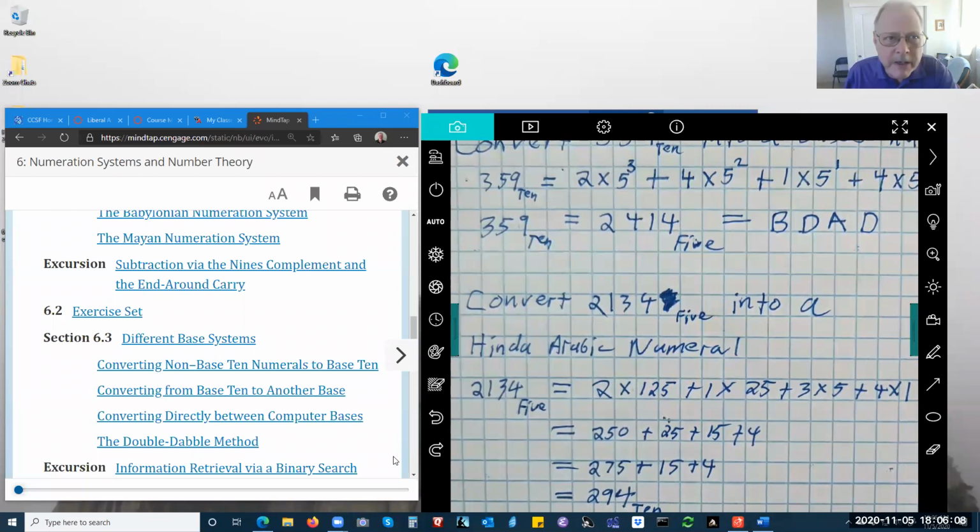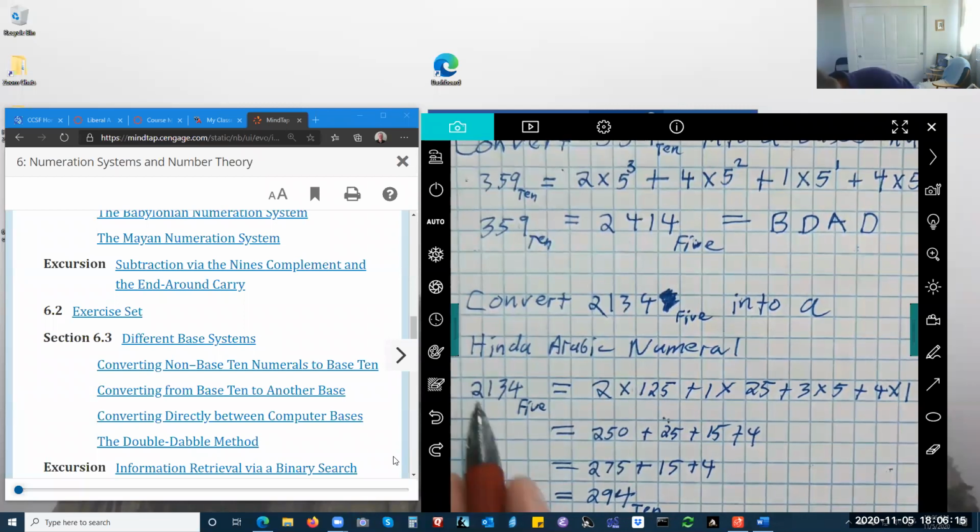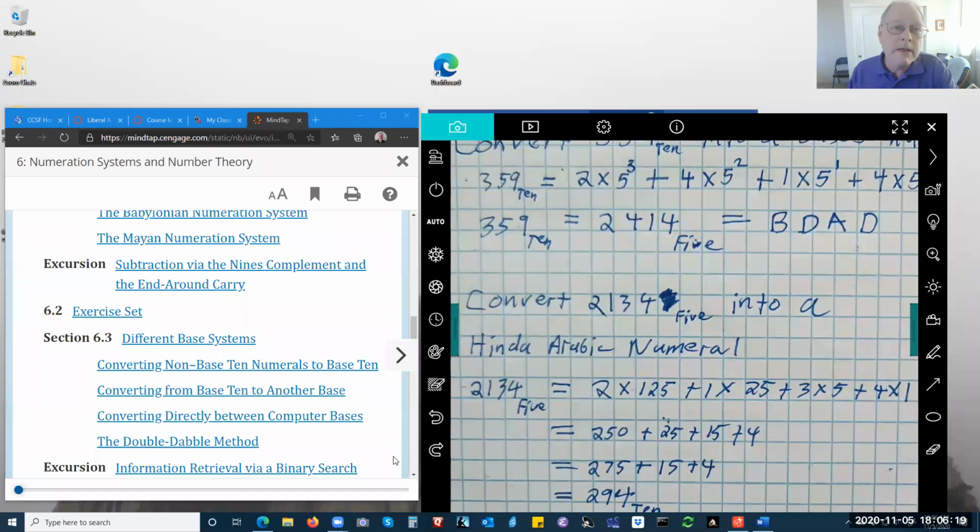Two different ways of writing the same amount. That's why I can write an equals between them. You know, they stand for the same number. Two different symbols standing for the same thing. That's when you can write an equals.